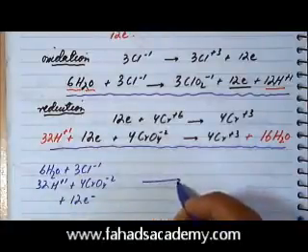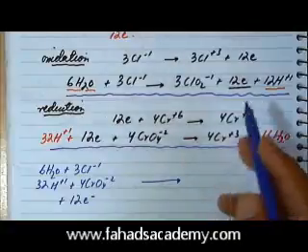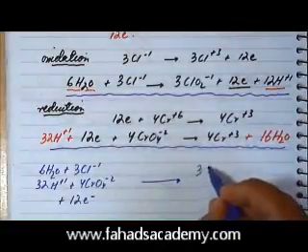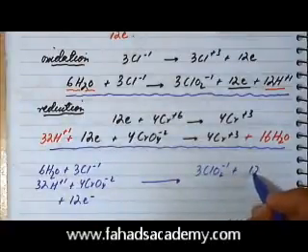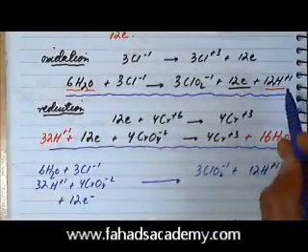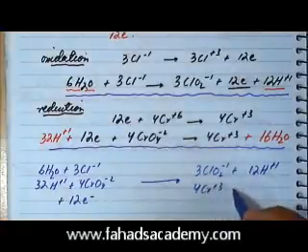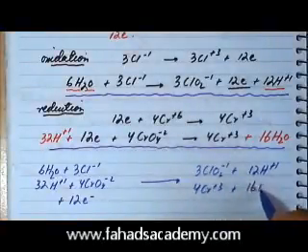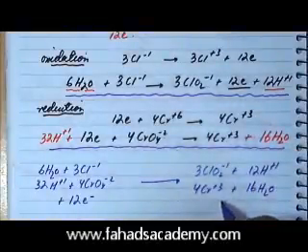On the right hand side you have 3 ClO2 minus 1 plus you have 12 H plus 1 plus you have 4 Cr plus 3 plus you have 16 H2Os, and you also have 12 electrons on the right hand side.